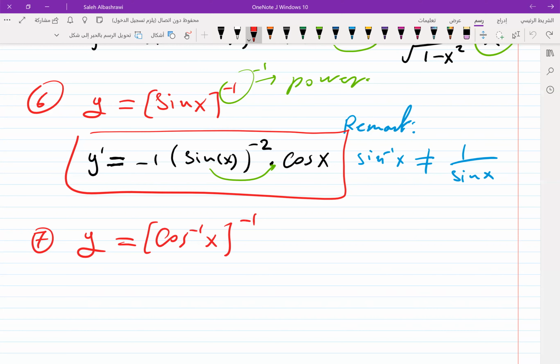You can see in this example I have power minus 1 and I have inverse notation cosine to power minus 1 or cosine inverse. This notation should be clear. The outer one is power, the interior one, the inside is the inverse trigonometric function. This is power and this is inverse.